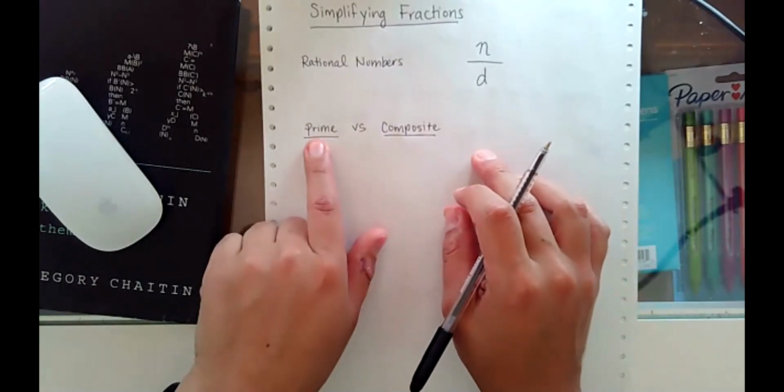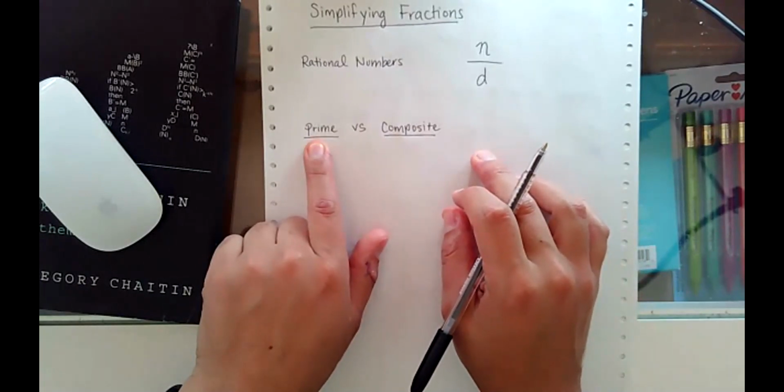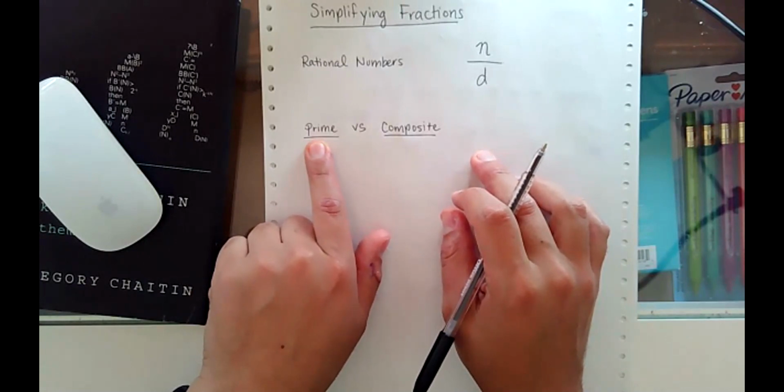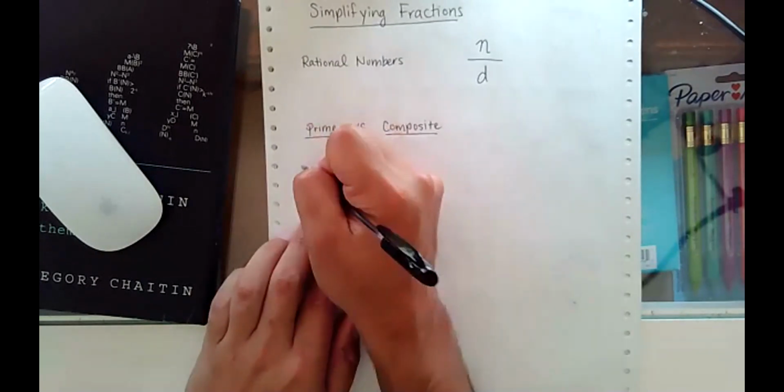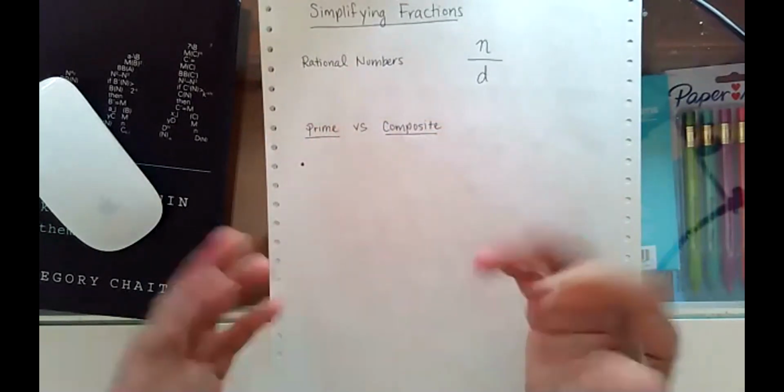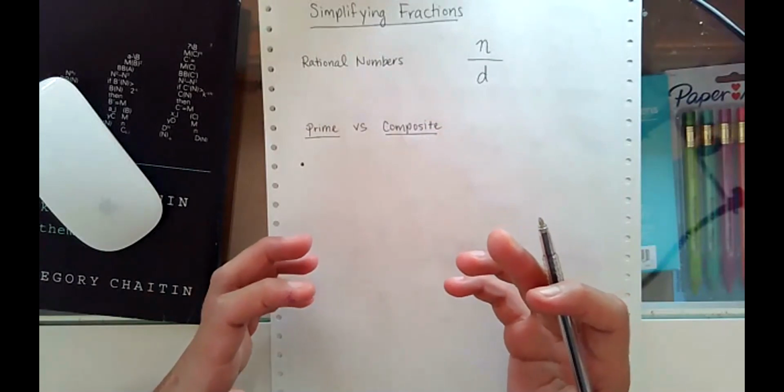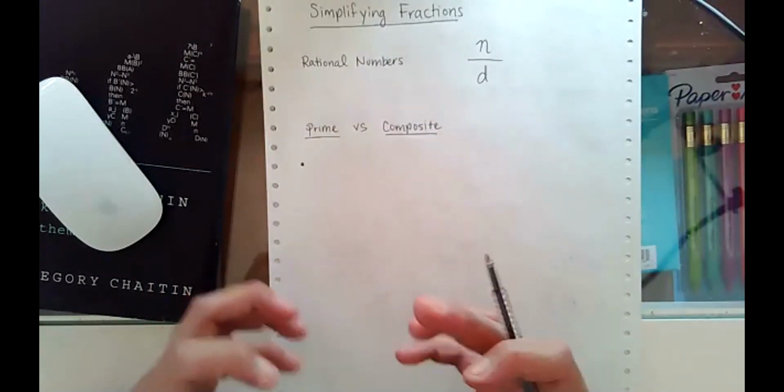Okay, does anybody know what a prime number is? Something that can't go into itself to make a number or something like that. Yeah, we're really close to that definition. Whenever we have numbers, we can think about numbers as being made up of other numbers.